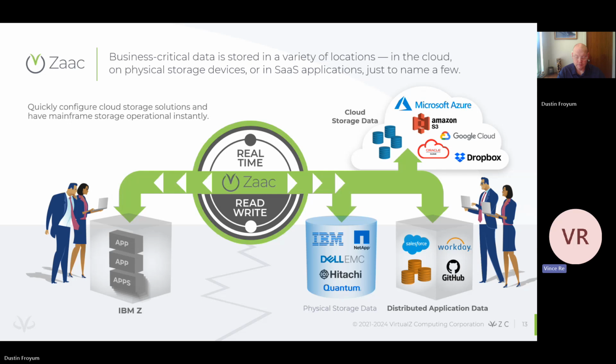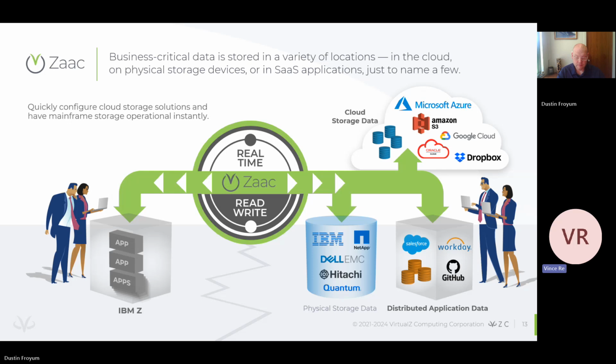And probably just as importantly, when you're done, you're able to take it down and stop paying for it. So it becomes a very dynamic, on-demand, agile model that lets you adapt to changing storage needs as you go.